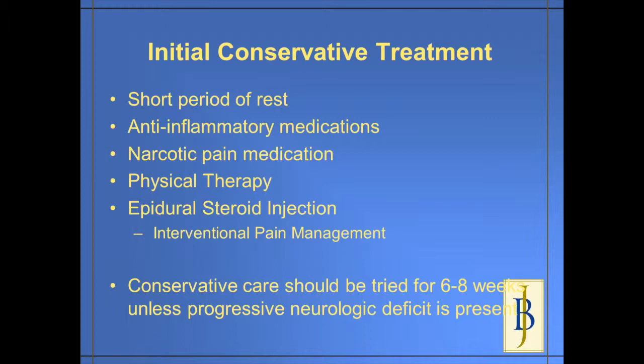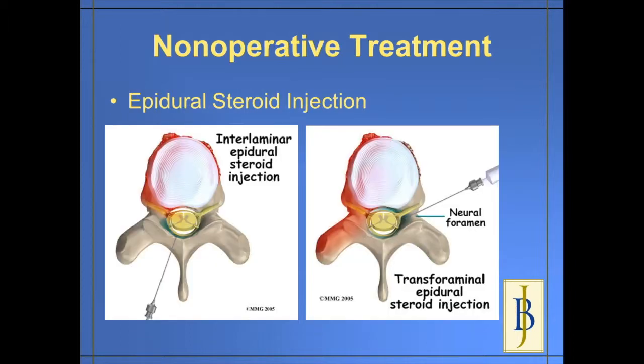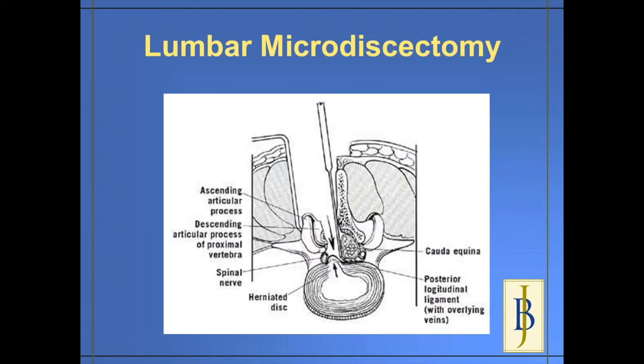Usually, conservative care is tried for a few months unless the person's neurologic deficits are worsening, meaning should their numbness be getting worse or should they start having motor weakness. The non-operative treatment includes, as you see, epidural injection, which calms down a lot of the inflammation of the nerve. Basically, we're giving the body time to try to heal this on its own. The body likes to take its time, but a lot of times it's very successful.